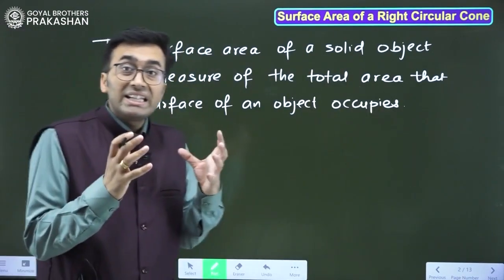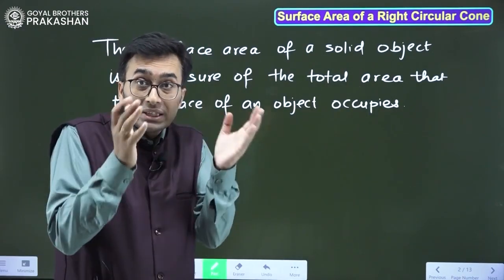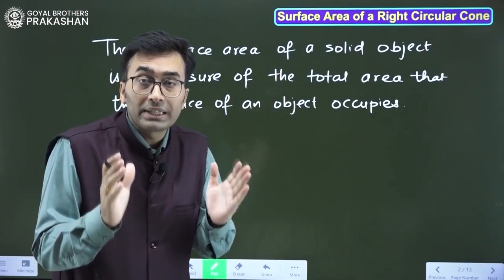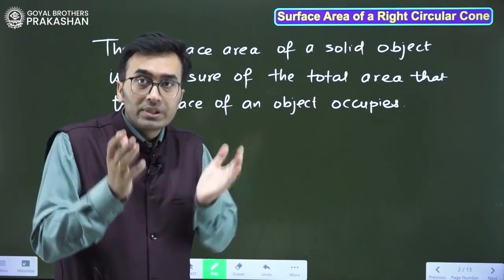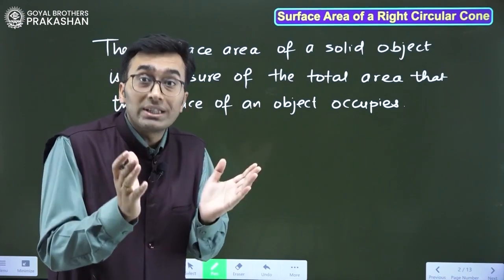The total area it is occupying, the total space it is occupying. So that is called the curved surface area or the total surface area.